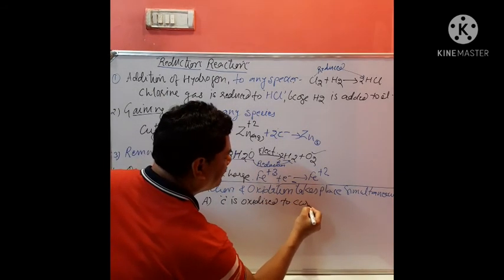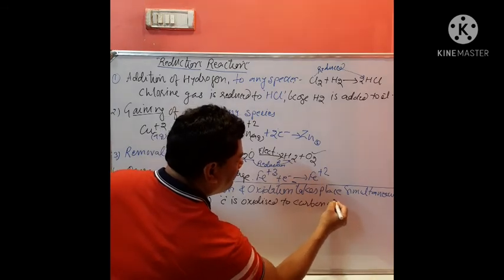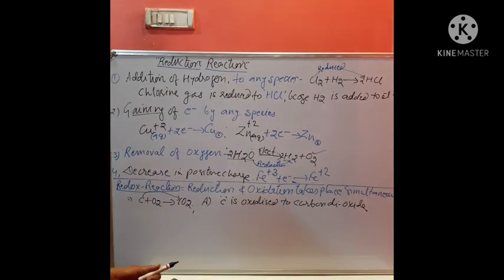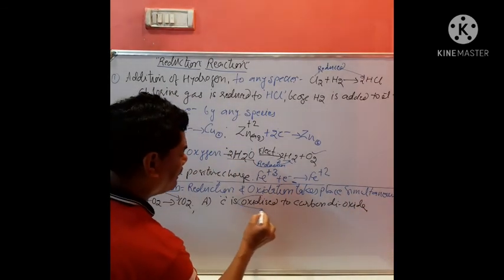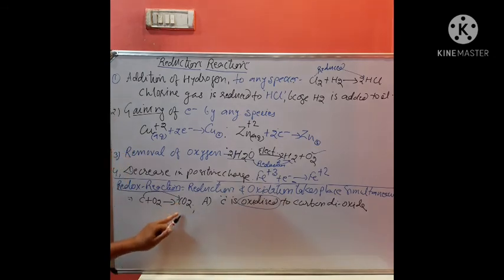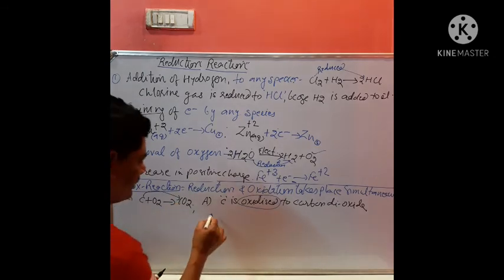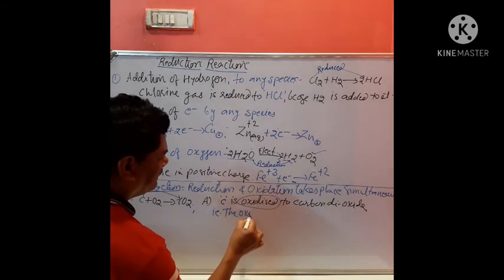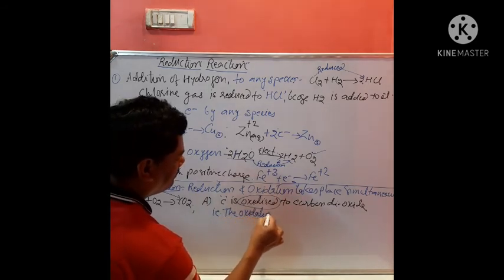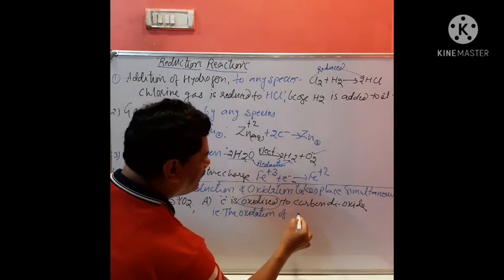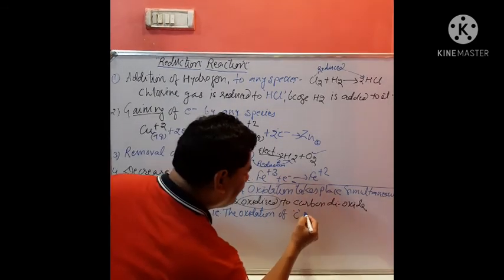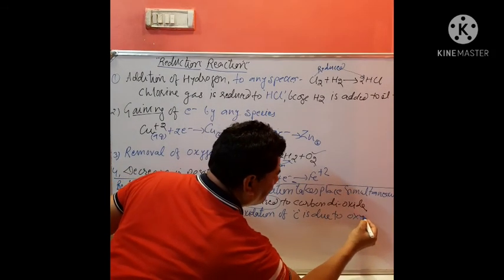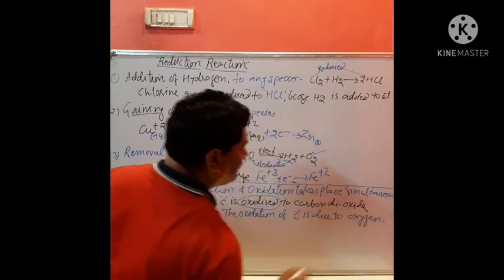Carbon dioxide. Isn't it? That means the oxidation of carbon is due to what? Oxygen. The oxidation of carbon is due to oxygen.